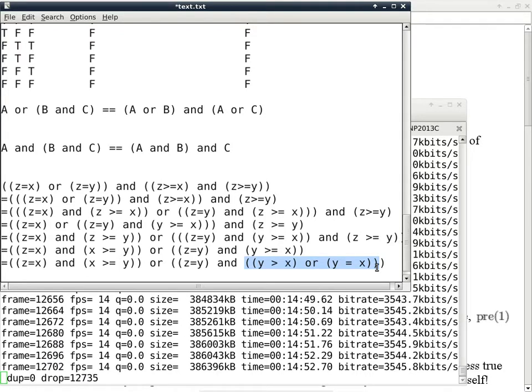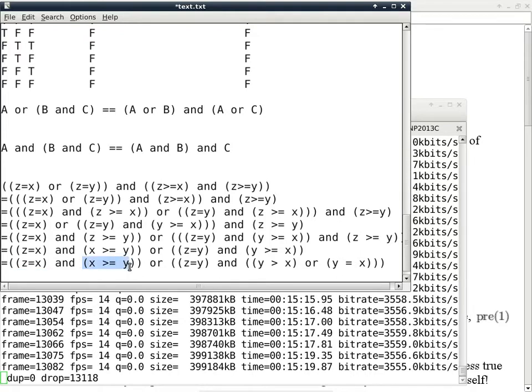But the full derivation is going to be a lot longer than what it seems here. So you'd say z equals x and y is greater than x. Well, because when z equals x, it also means that x is greater than or equal to y.